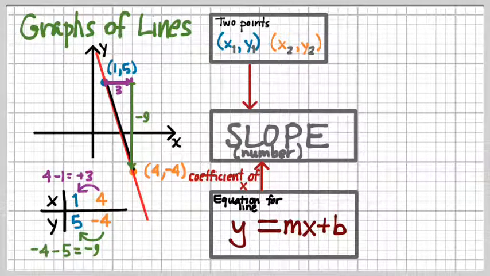What we really did with our x values is we subtracted the second x coordinate minus the first x coordinate. So using our notation from before, we did x2 minus x1, and that's where we got our positive 3. Ditto with our y coordinates.